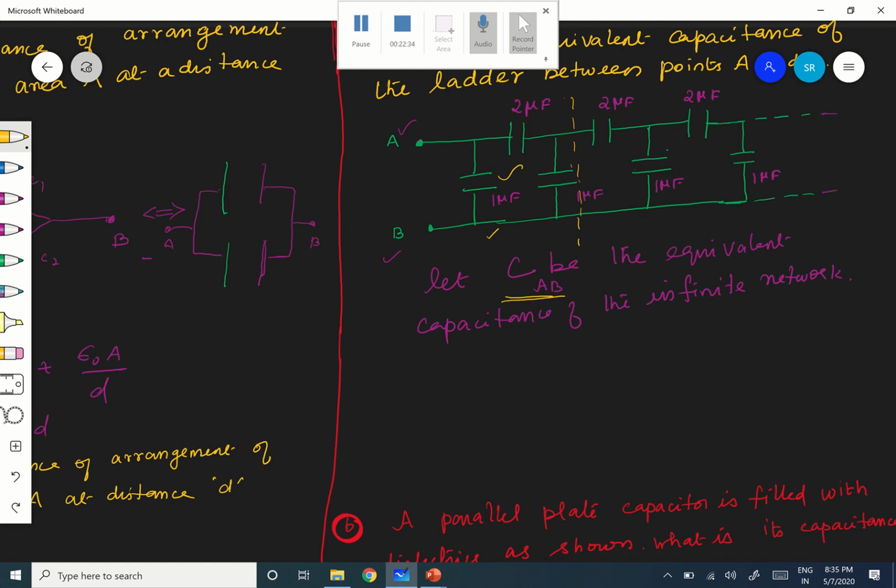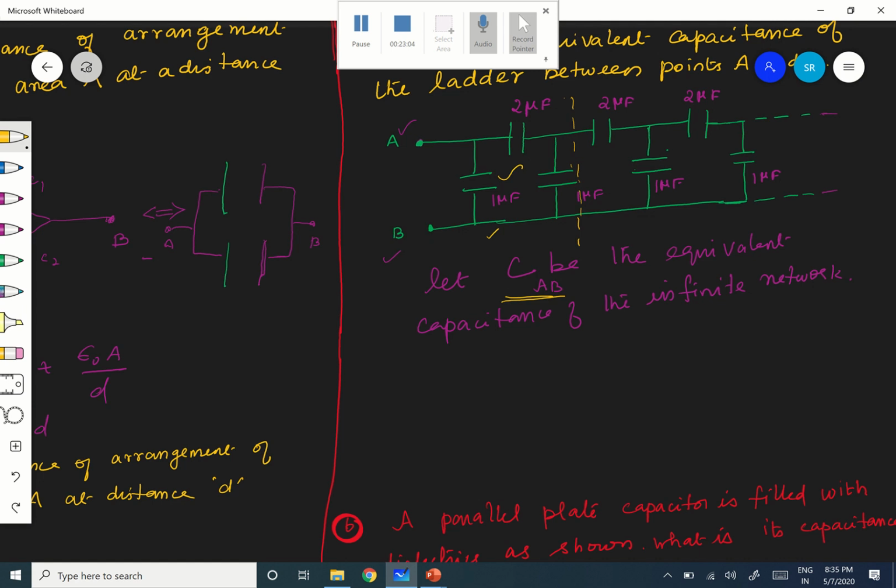It is already an infinite network, and adding one more segment is not going to matter. Hope you are following. So up to this, it is the equivalent capacitance of the new arrangement.